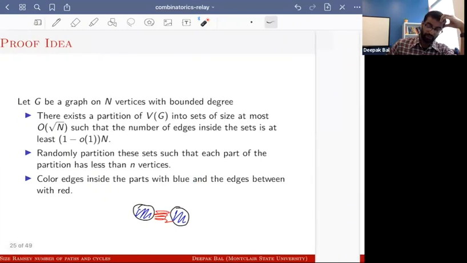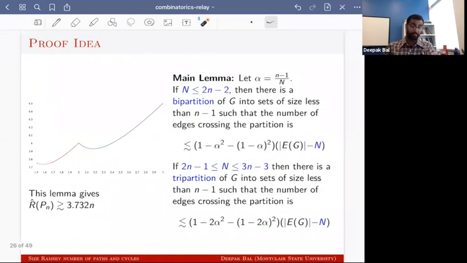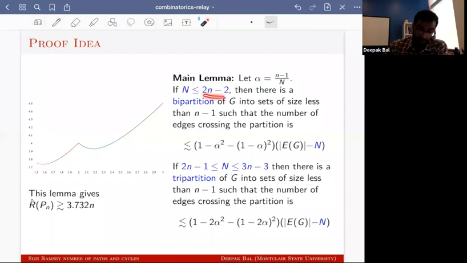Okay, so let me give a little more detail. This is the lemma that, so again, you have to split on cases based on how many vertices the graph G has. But if it has less than 2n vertices, then you can find a bipartition of G into sets of size less than n minus 1, such that the number of edges crossing the partition is at most this here.